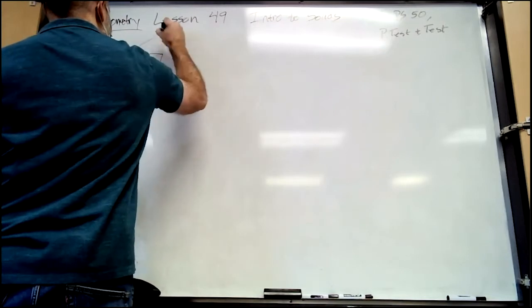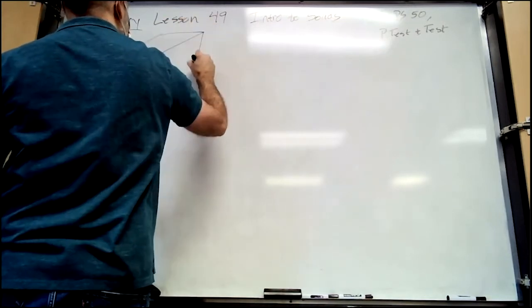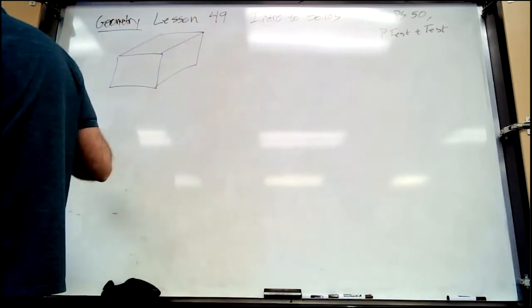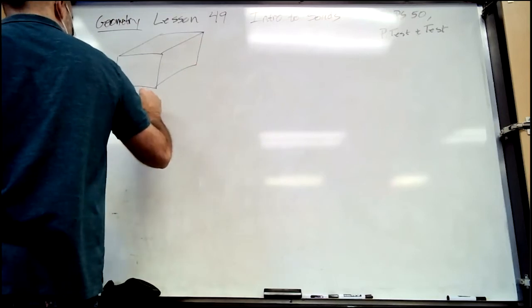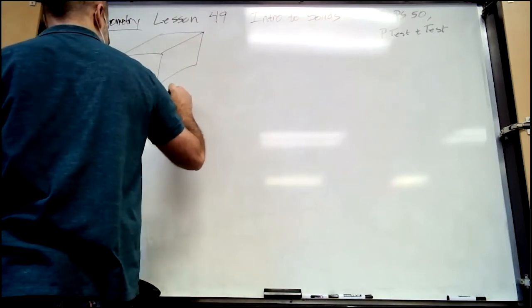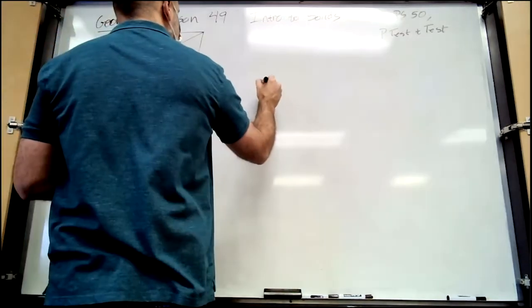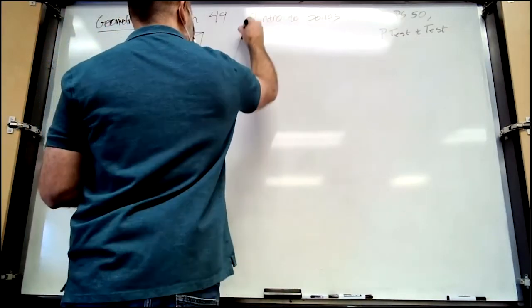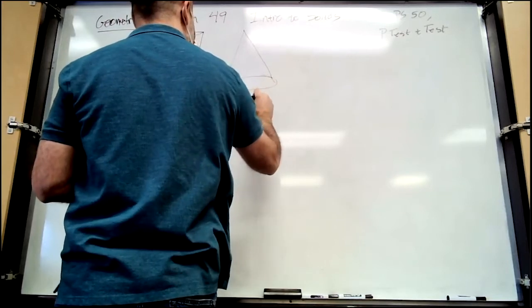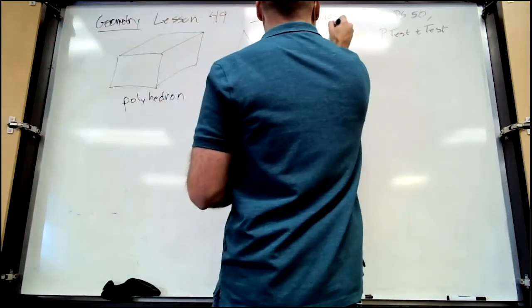Okay, so let's just do a quick sketch of what these guys look like. So this is a polyhedron. It's not a cube. Here is a cone. Here is a cylinder.